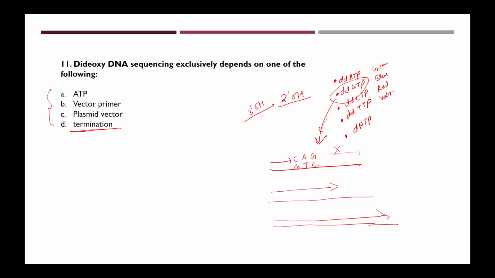You run this on a very concise electrophoresis method, and that will detect the order, first, second, third, fourth. You get the order of the nucleotides, and that's how you get your sequencing result. You can compare it with your expected gene of interest, align them, and say yes, your gene of interest is present in that transformed colony.